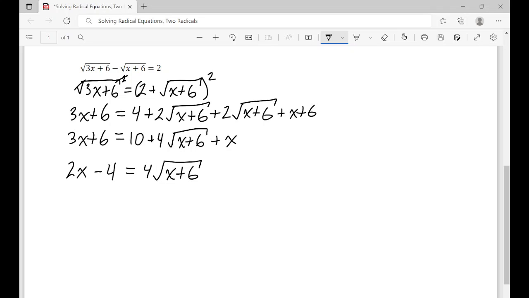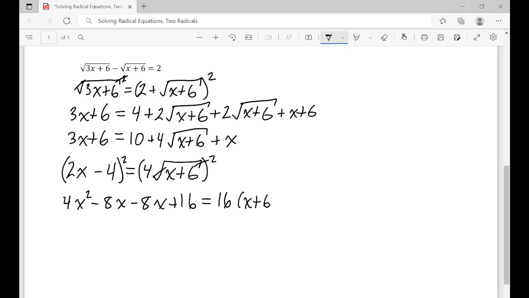Again, this is an index of 2, so I'm going to square both sides, which is going to, on this side, FOIL out and give me 4x squared minus 8x minus 8x plus 16 equals, and over here 4 squared is 16, and then the square root and the square cancel each other, so it's just going to be x plus 6.